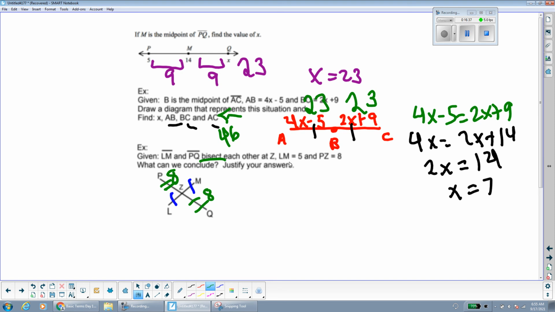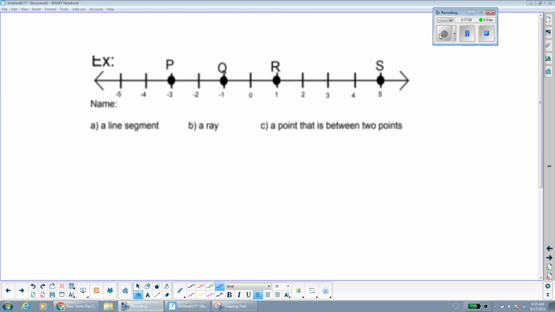They told us that in the question. So since Z is also the midpoint of LM, LM is also being bisected. They're bisecting each other, LM and PQ. We know that LZ and ZM are half of the whole, half of the 5. So LZ is 2.5, ZM is 2.5. So those are some things that we can conclude there. Try this one yourself.